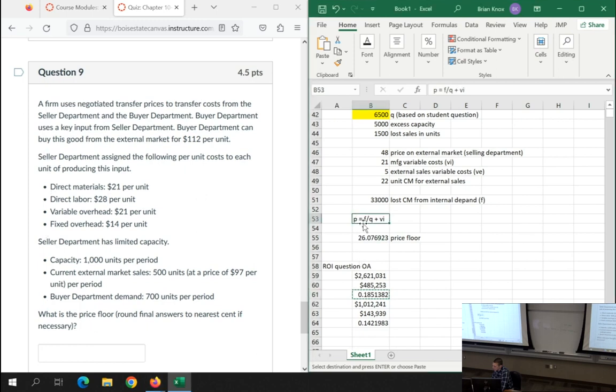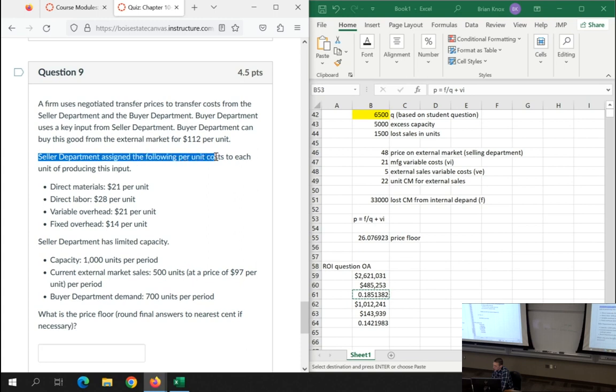So I've got to grab this equation in my head at least. The seller department assigned the following per unit costs to each unit of producing this input. Okay, $21 direct materials, $28 of direct labor, $20 of variable overhead, $14 of fixed overhead.